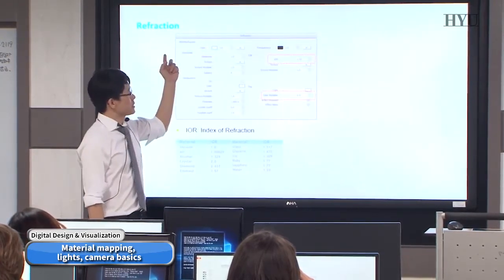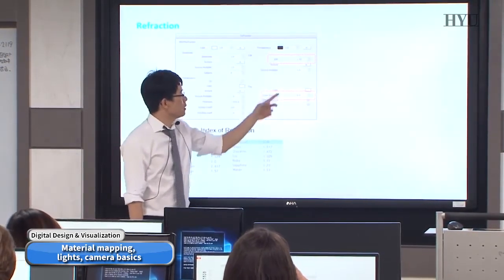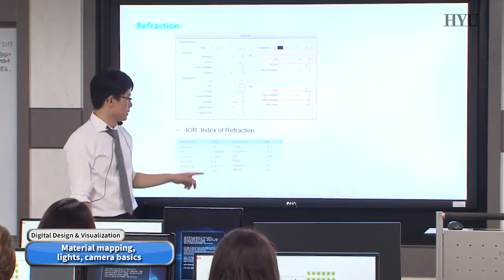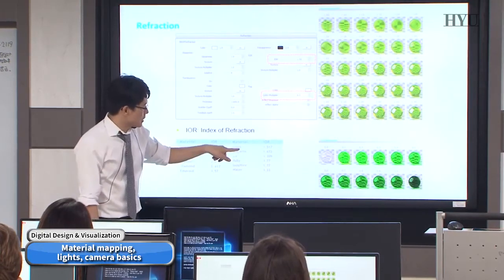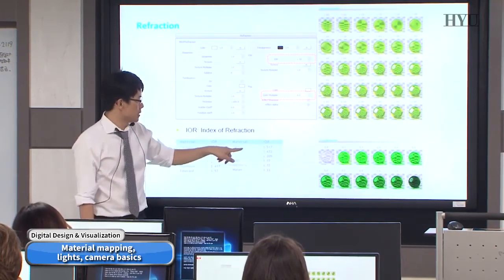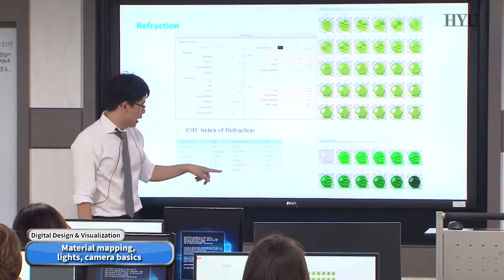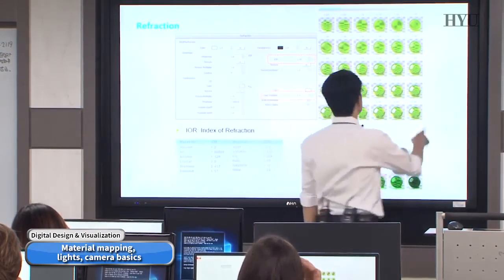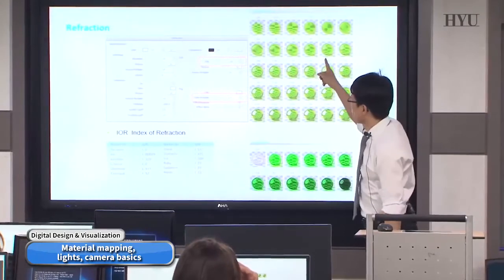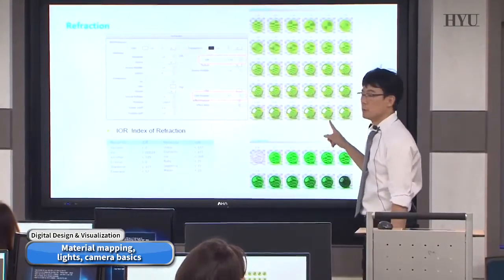How about refraction? IOR, color multiplier, that's the thing you need to know. Take a look. Glass index of refraction is 1.5. How about diamond? 2.4. So this one is glass, okay? This one is diamond.